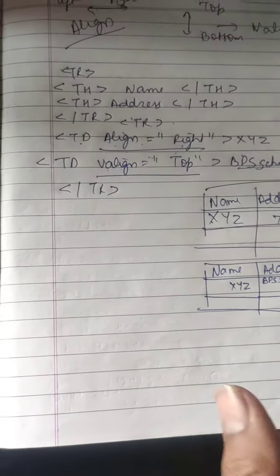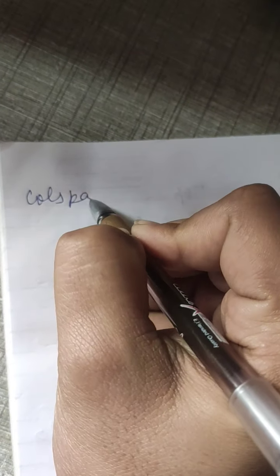Okay, now next are our rowspan and colspan. This we will mostly put in our td tag. How will we do it?